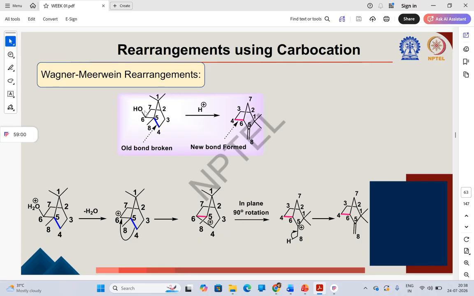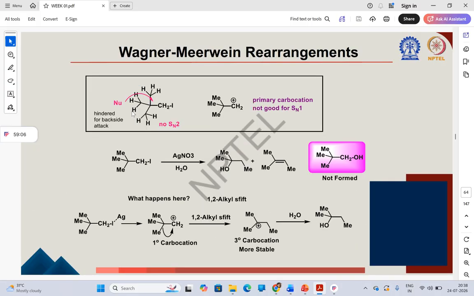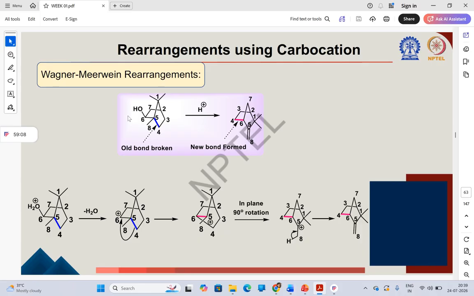We will discuss what is happening here. We have a hydroxy group, right? It will get protonated and knocked out. After this, carbocation formation will take place at the secondary position. Then the migration will take place. Either this methyl group can migrate here, or this 4-5 bond can migrate here. But why is the methyl group not migrating?